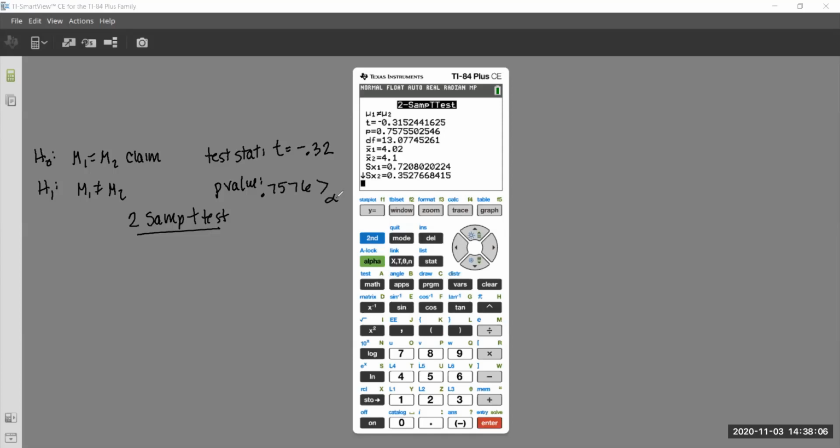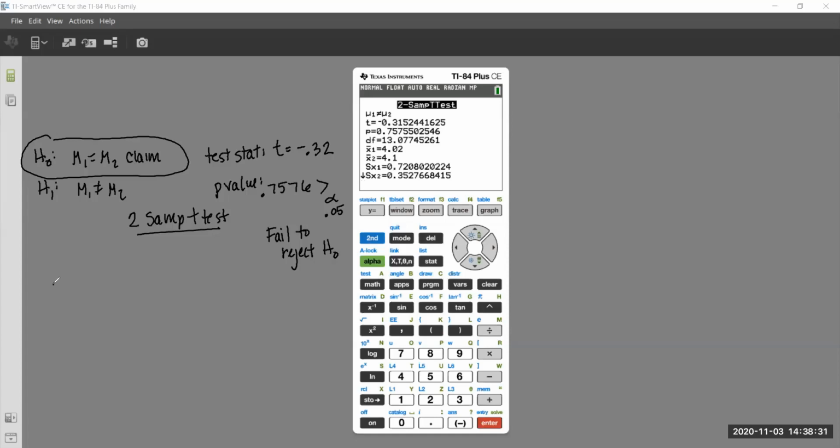In this problem, they didn't give us alpha, so we would use 0.05. And it's definitely larger, so we're going to fail to reject H0. We're not rejecting it. Okay, by default, we're saying that those mean evaluation scores are the same.